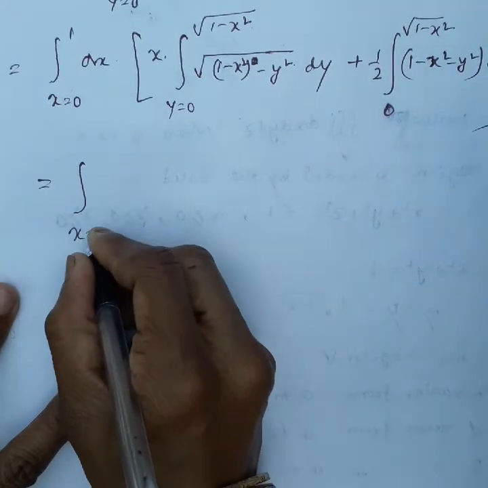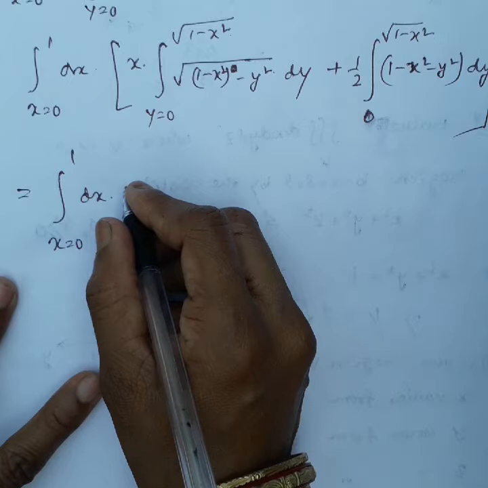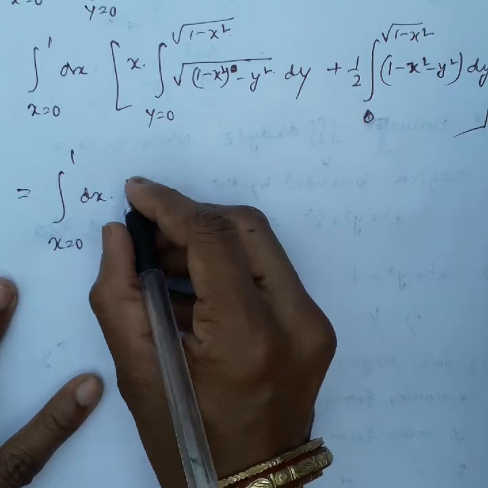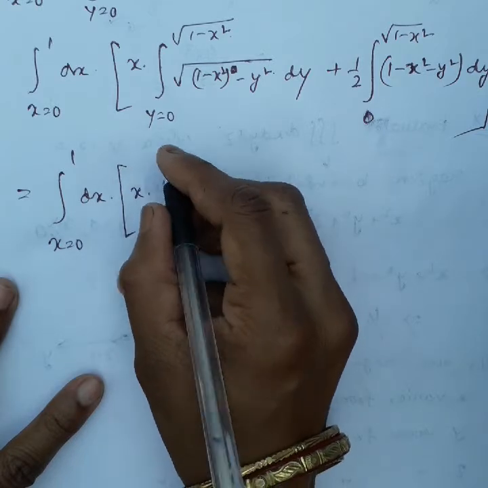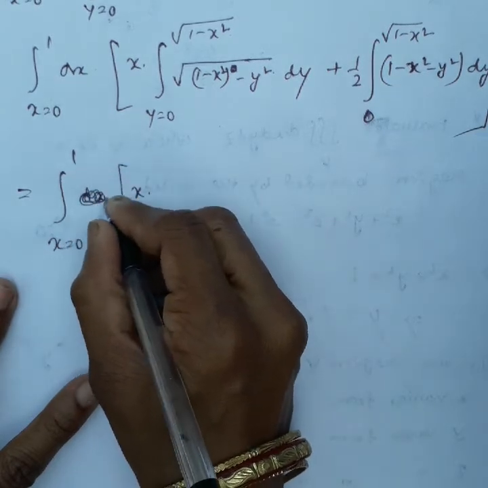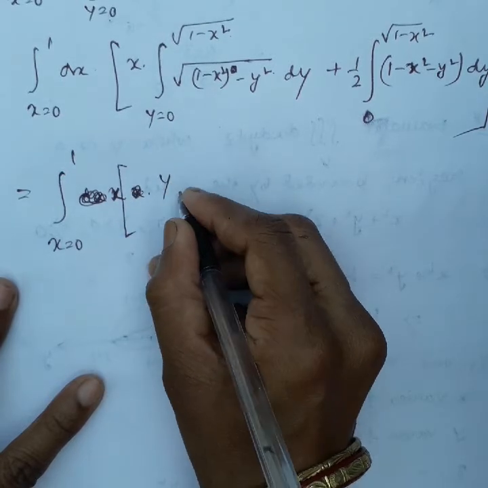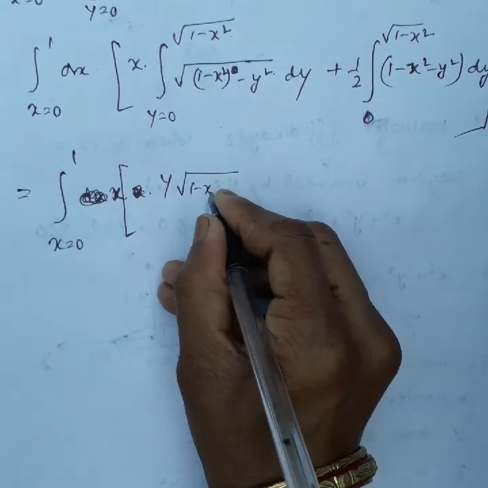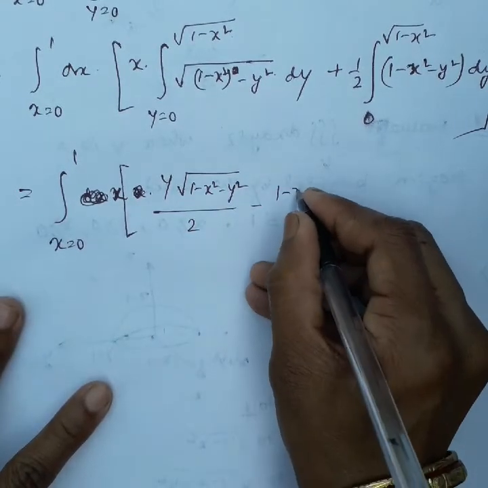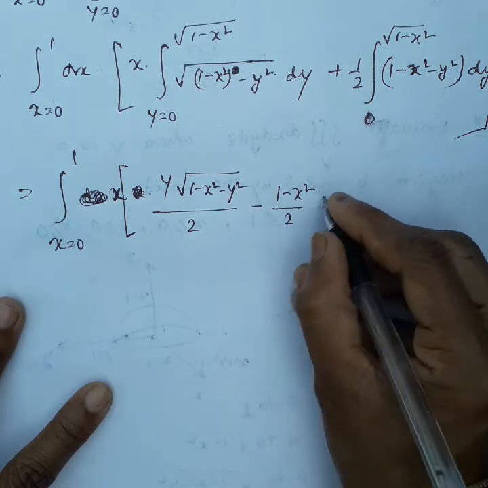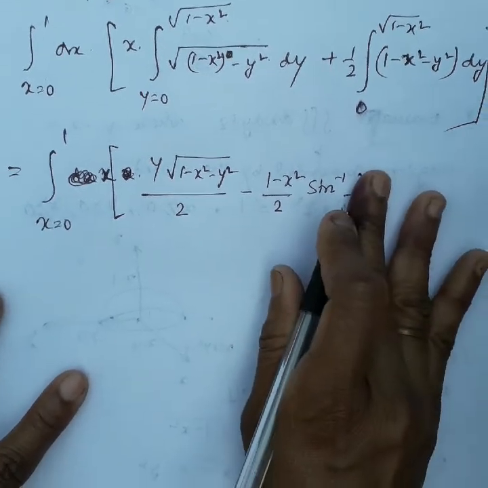This will be x from 0 to 1 dx, x into y into root over of 1 minus x square minus y square by 2 minus 1 minus x square by 2 sin inverse of y by root over of 1 minus x square.